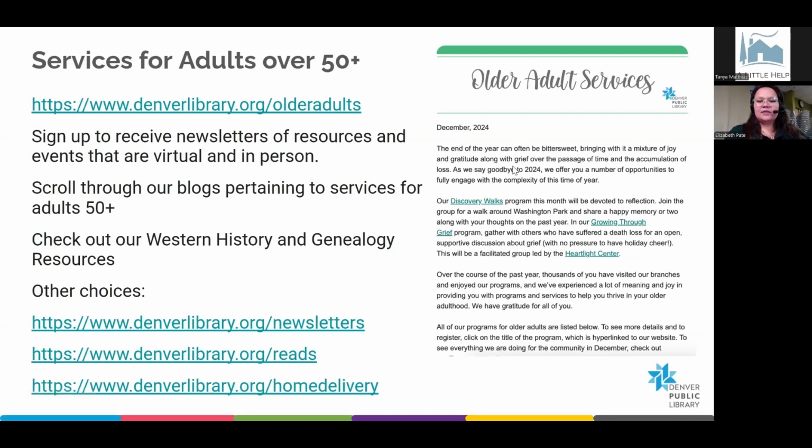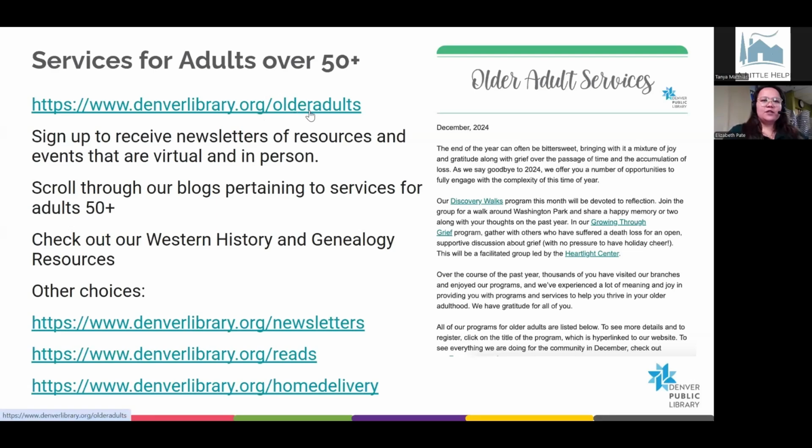So that is what this picture is on the right side of the screen, a little sample of our newsletter. There are a lot of virtual programs that we offer through the library, and they are also completely for free. And they go over a bunch of different things, such as DIY groups on creative scrapbooking or different things like this, where it's very informational.